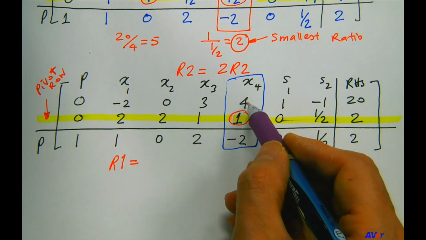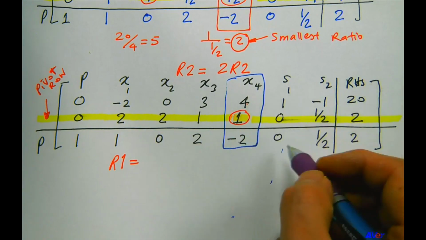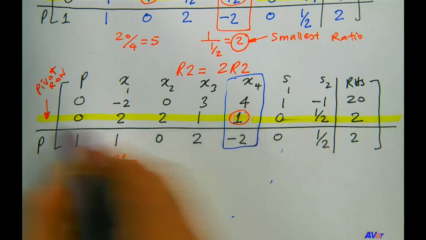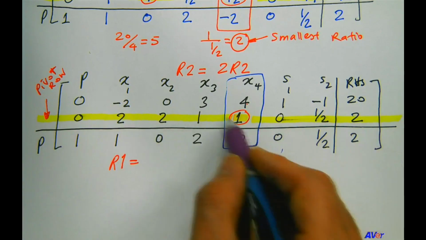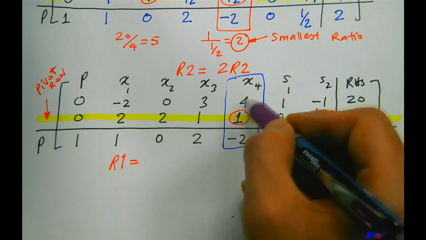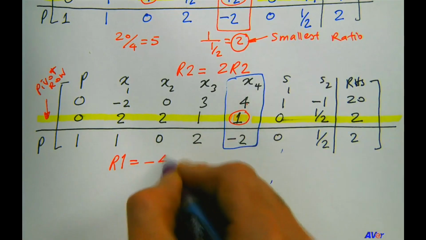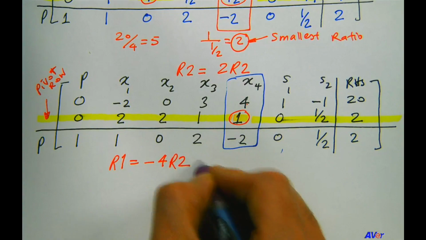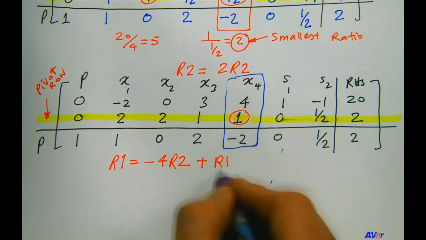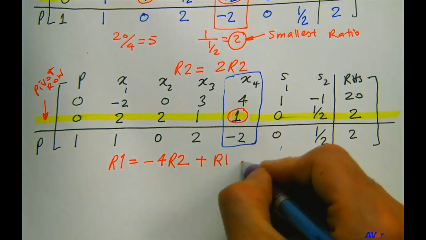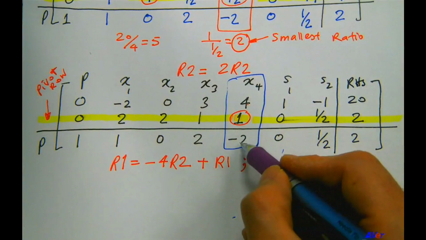Okay, fine, but where is the -4 going to come from? Negative 4 is going to come from multiplying the pivot row by negative 4 and adding it to the first row. So negative 4 times row 2 plus row 1, which is the row we're changing. Right? So then we need to convert this negative 2 to 0.